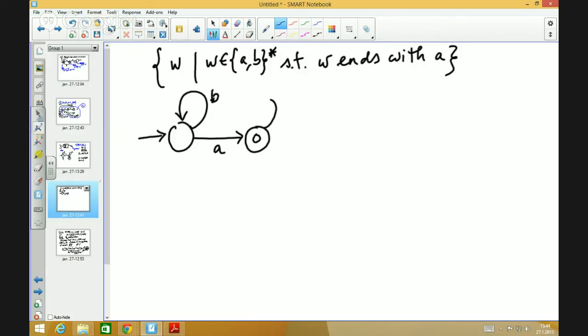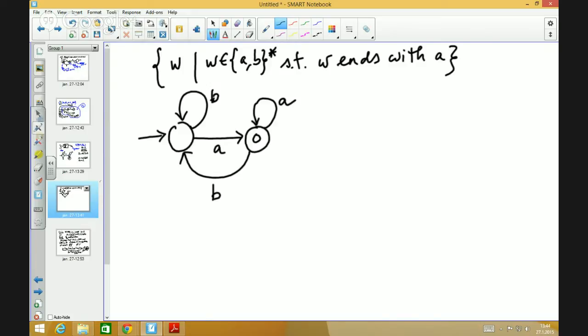Okay, so what do I do here? I loop if I see A. And if you see a B, you go back to the start state. This is a deterministic finite automaton that works.